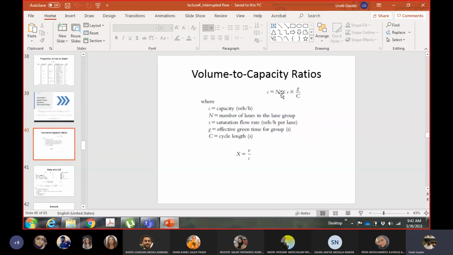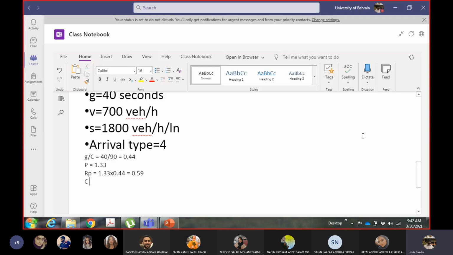Next thing we need to find out is the volume capacity ratio. So I need to calculate the capacity. We have one lane, N is 1, saturation flow rate 1800, G by C ratio 0.44. Give me the capacity. One lane, 1800, 0.44. How much? 792 vehicles per hour.